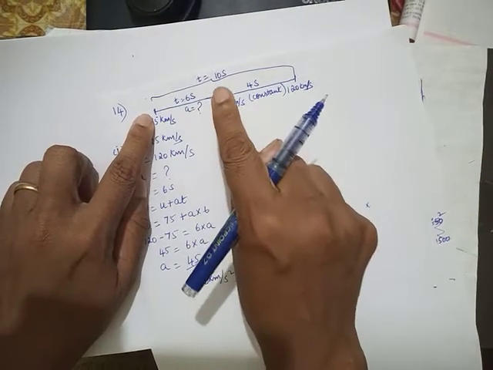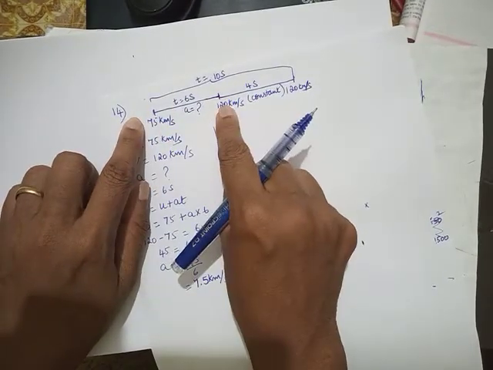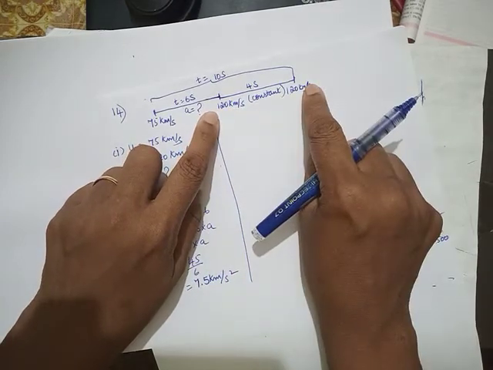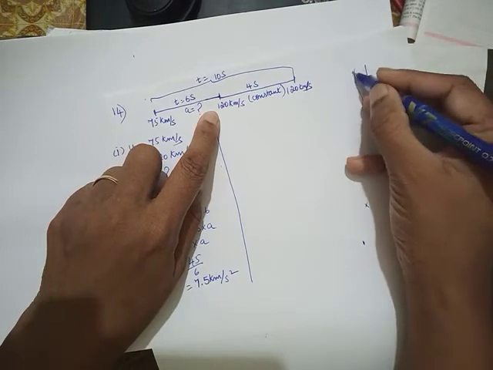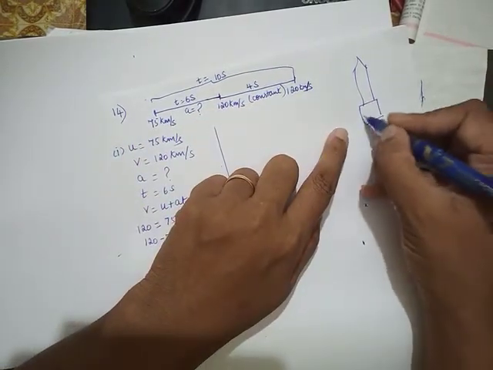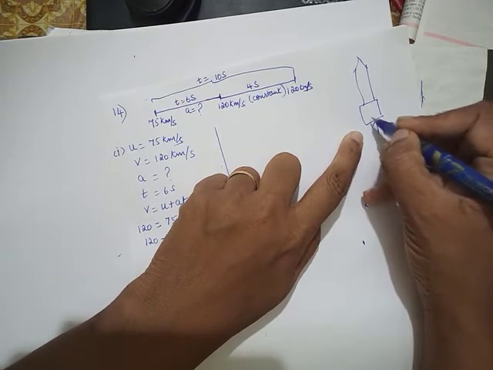Only when the motors are on, it will undergo acceleration. So only for the first 6 seconds it underwent acceleration, and then it will maintain the same speed and move. Now you know about rocket launching, no? When they launch it from Earth's surface, you'll see fire coming out.